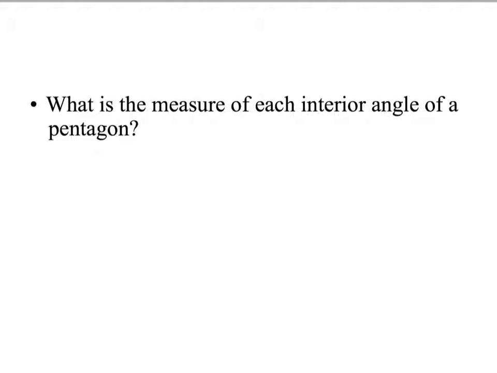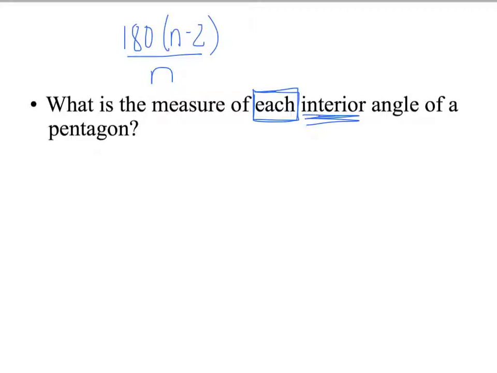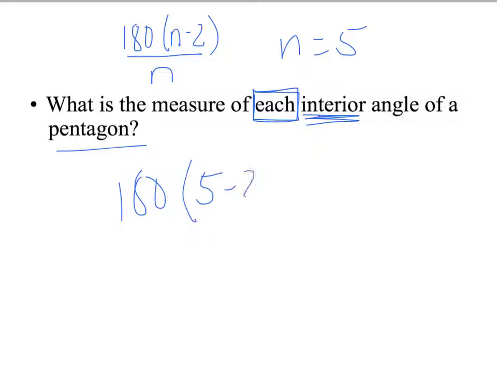What is the measure of each interior angle of a polygon? Okay, so remember, this is each and it's interior. Each means we divide by the number of sides, and interior is 180 times n minus 2. So that's my formula for each interior. N is 5 because I have a pentagon. So 180 times 5 minus 2 divided by 5.